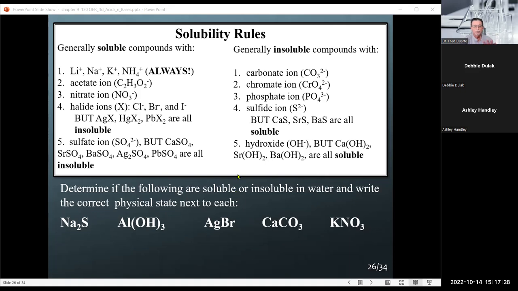All right, so we just finished the left side, the soluble side. Now the right side is the insoluble side. With respect to the insoluble side, we got number one, the carbonate.